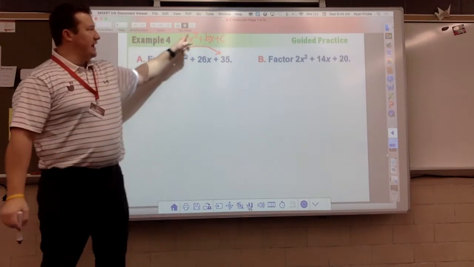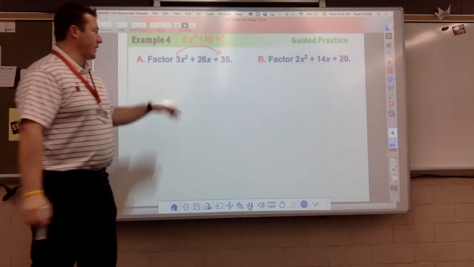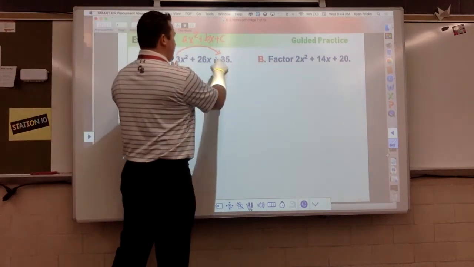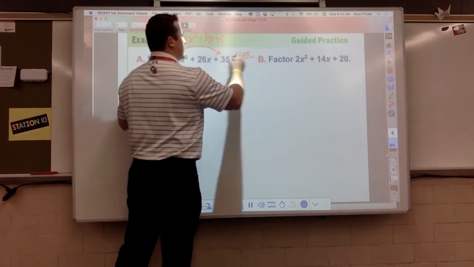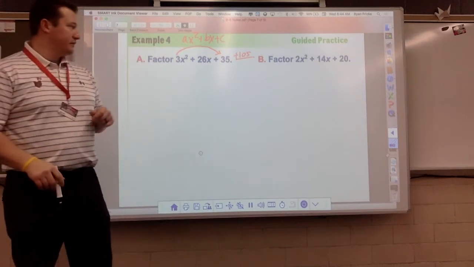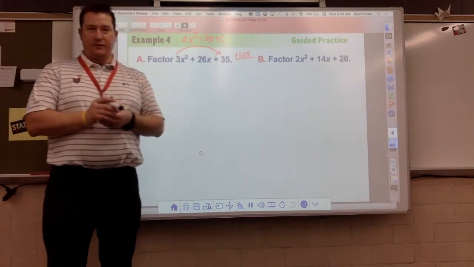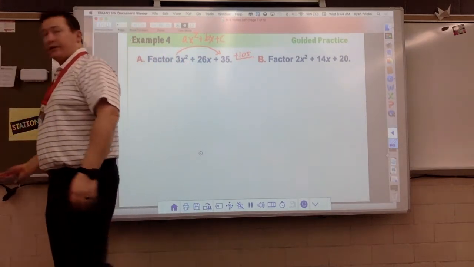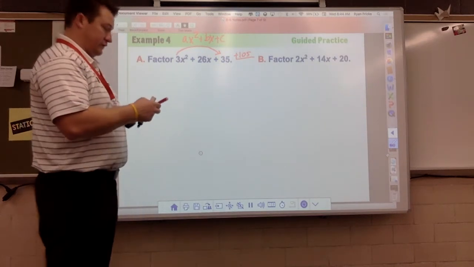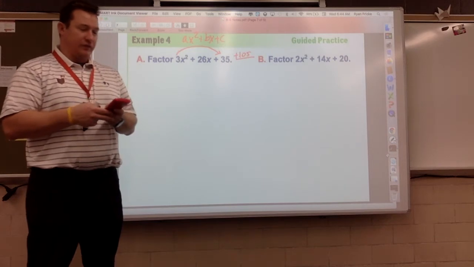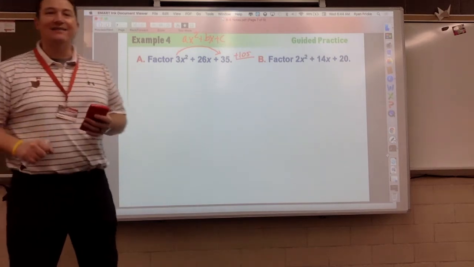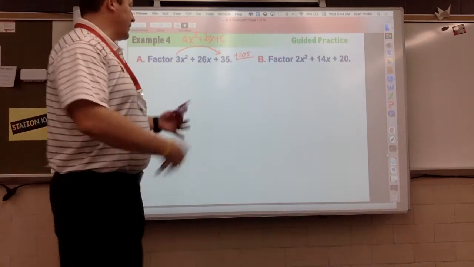A lot of people will say a times c because that's what we're doing, okay? So 3 times 35, what is that? 90 and 15, 105. So we're looking for numbers that multiply to 105. At the same time, they're going to add up to 26. I don't even know the factors of 105. Thankfully, I found one of these laying around here somewhere. I wonder what 5 is, right? And this is really, guys, the only guess and check part that we have to figure out.